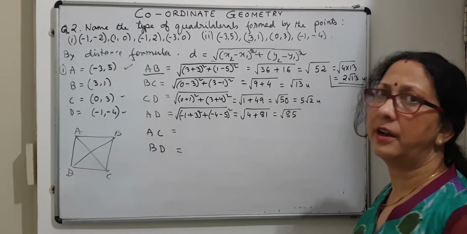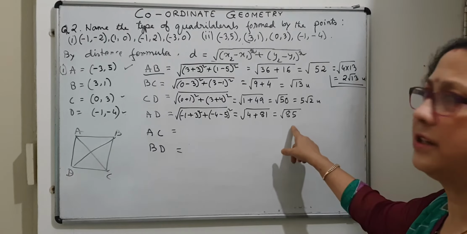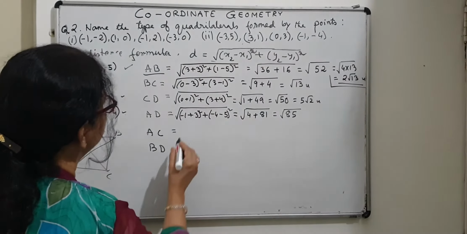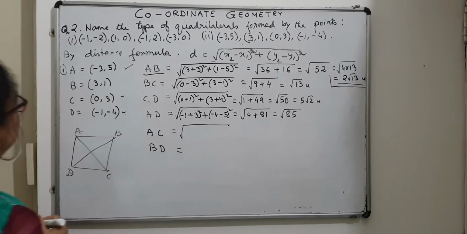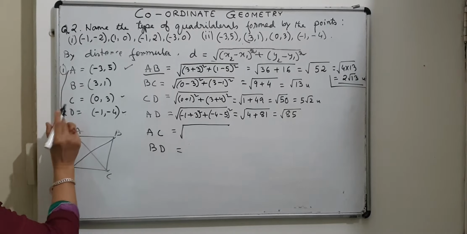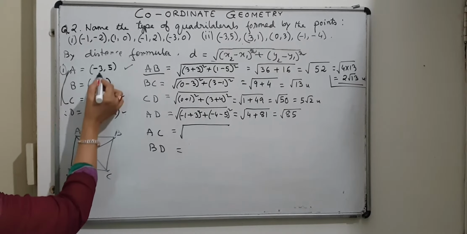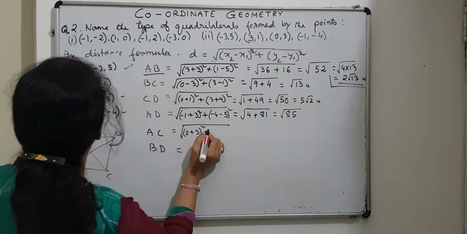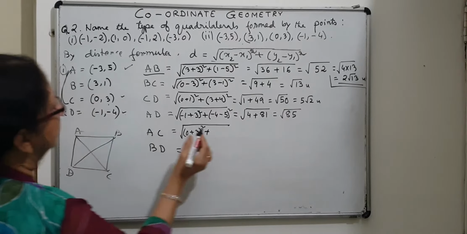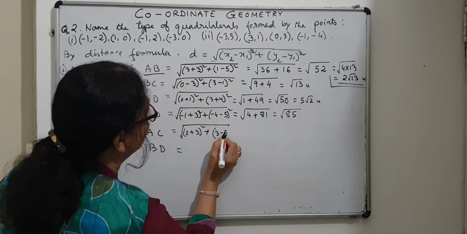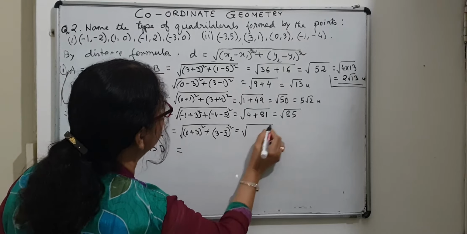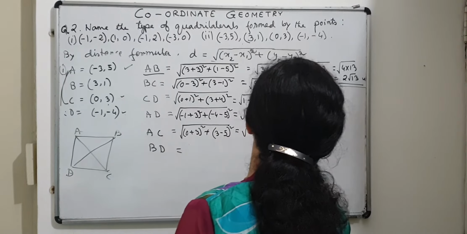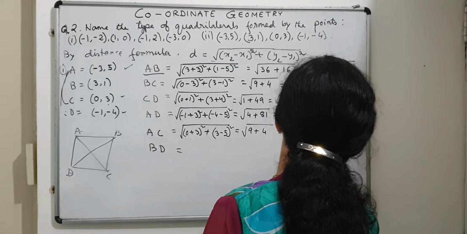This cannot be taken out because 5 into 17 is 85, so I cannot write it in the mixed form. Then AC. AC is this and this. So 0 minus 3, that is 0 plus 3 whole square plus 3 minus 5 whole square. So it is under root 9 plus 4, that is root 13 unit.